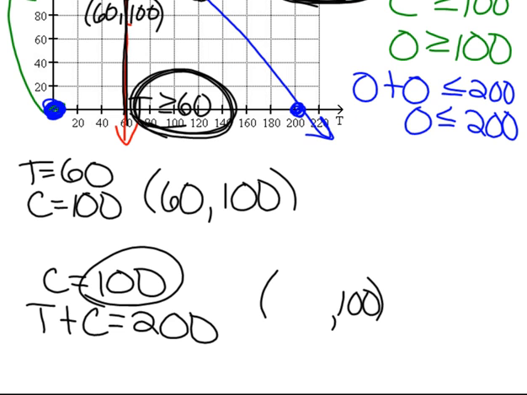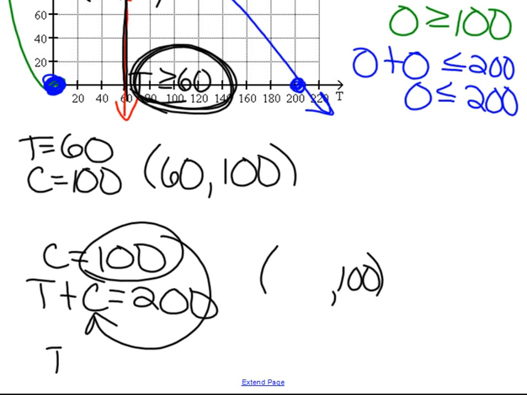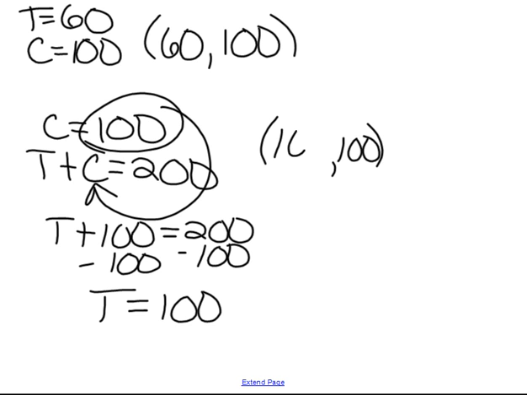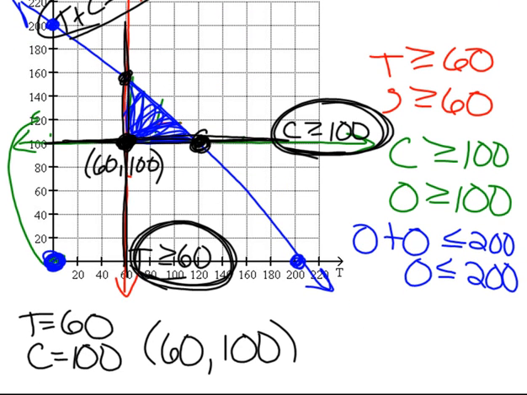So I'm going to substitute in for c and solve. And I get t is equal to 100. So this is the point (100, 100).